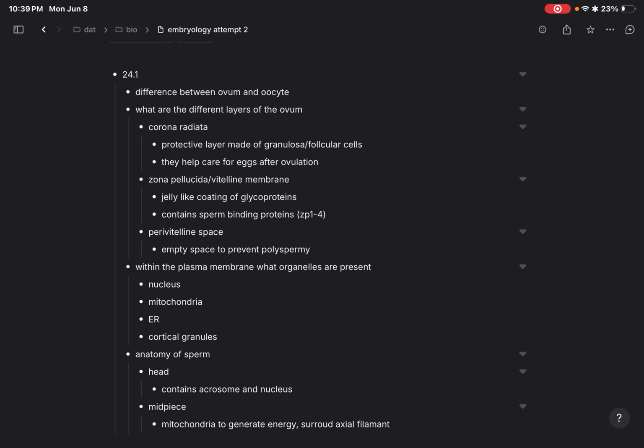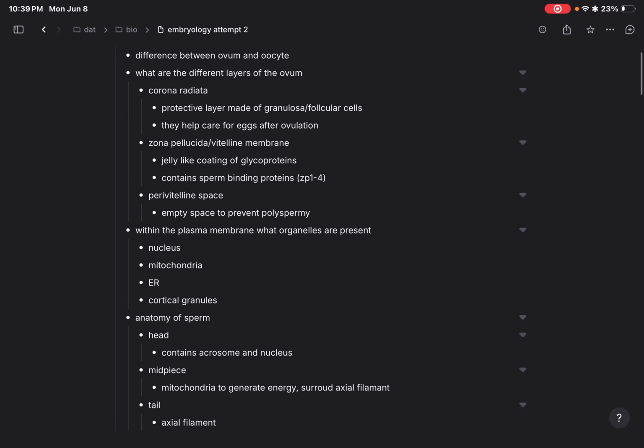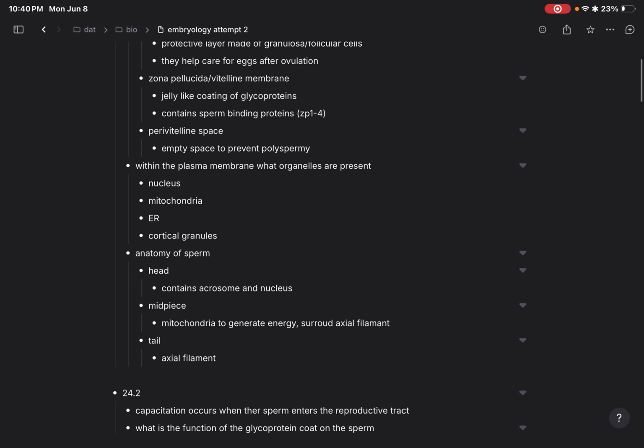We're going to have the corona radiata, the outermost part, a protective layer made up of granulosa and follicular cells, which cares for eggs after ovulation. Then after that we got the zona pellucida, and then we just got the perivitelline space. Corona radiata, zona pellucida, perivitelline space.